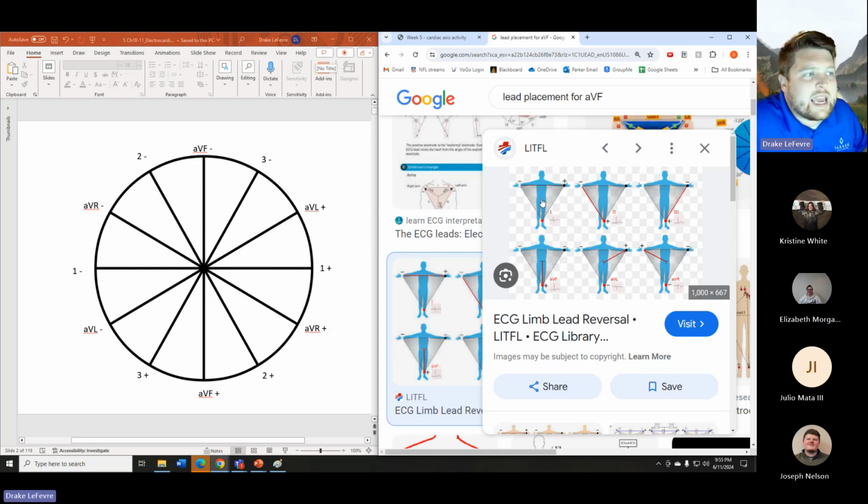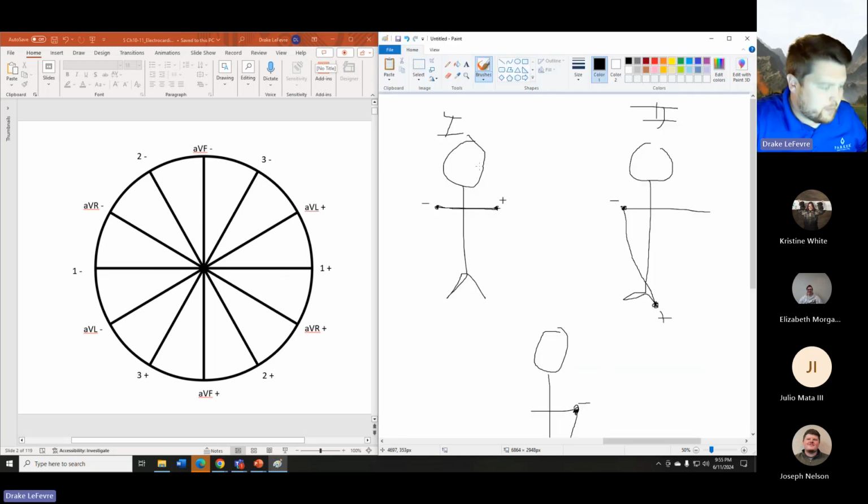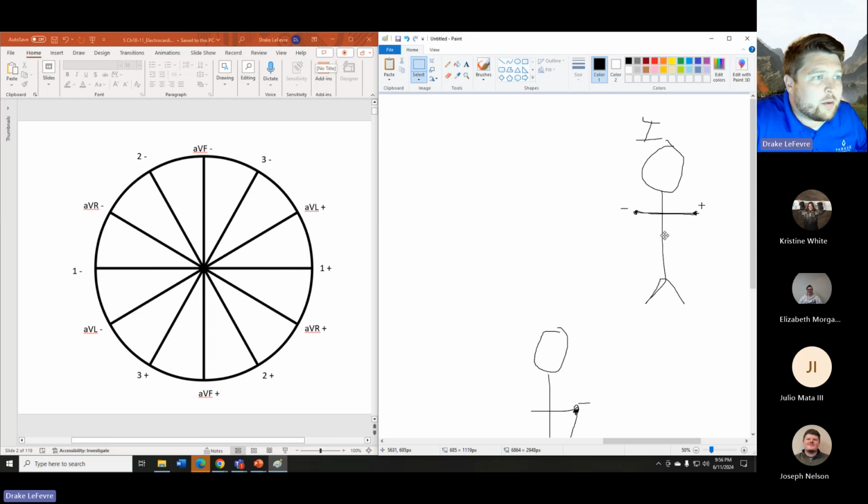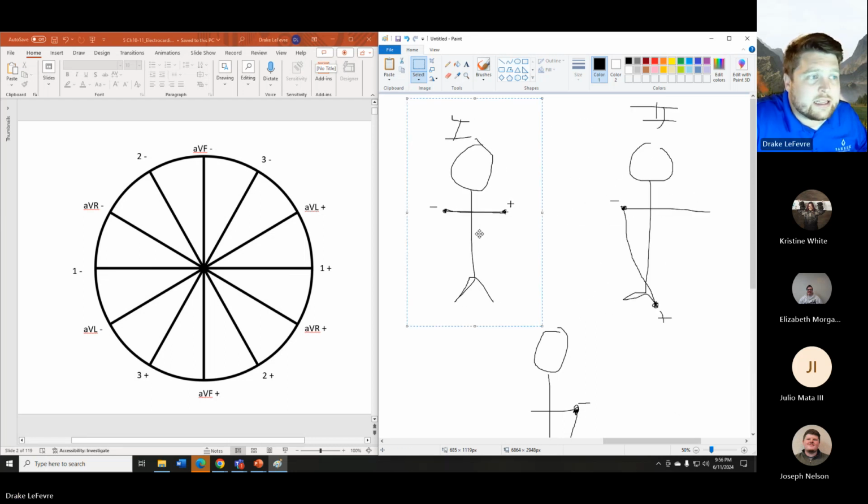So essentially, we take each of these leads, these directions, and we take lead 1 and overlap it with lead 2, and then take that and overlap it with lead 3. So we get all these different directions.